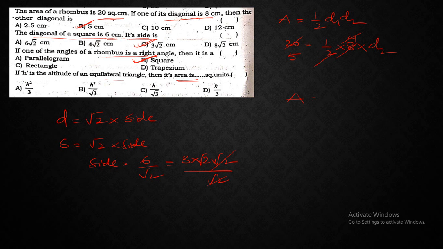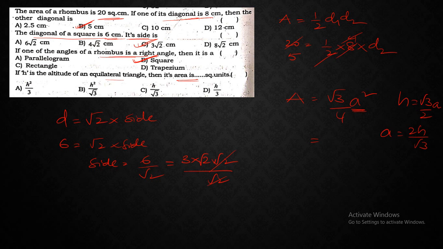So what is the area of an equilateral triangle formula? Root 3 by 4 a square. Right. Now if I want to write this root 3 by 4 a square in terms of height. So what is height here? So height is nothing but root 3 a by 2. So from this I can write it as a is equal to 2h by root 3.